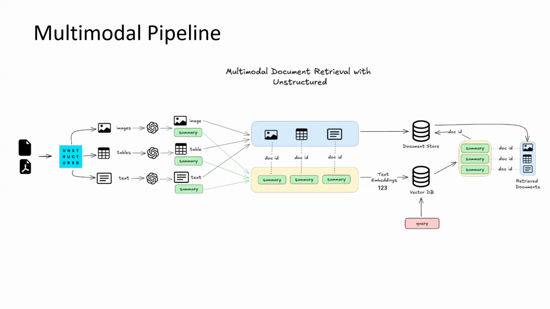So I'm using summaries only to store the information which is there in my tables and images, and on top of it, when I do semantic search, I will pull the respective images, tables and documents and send them to the large language model. I hope that makes sense.